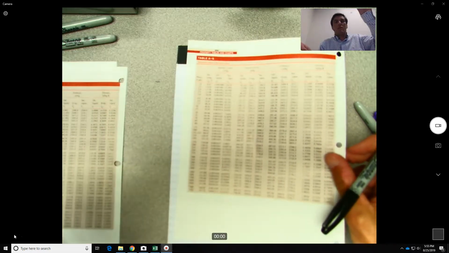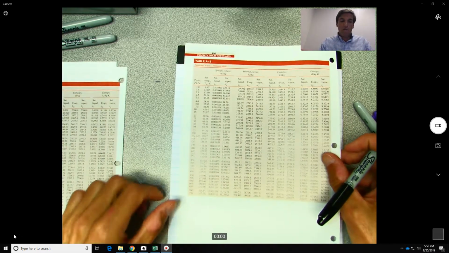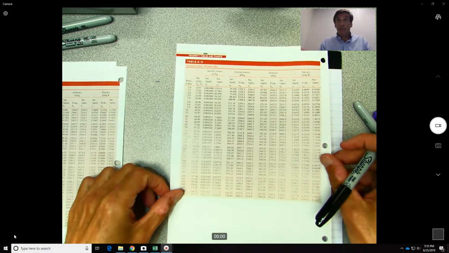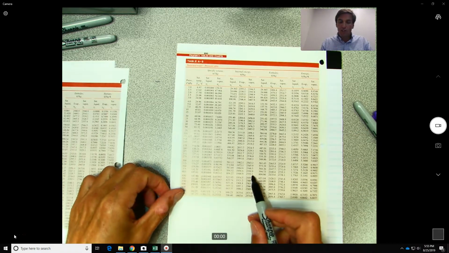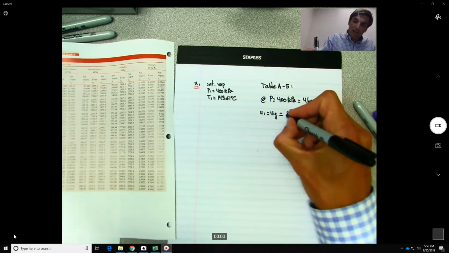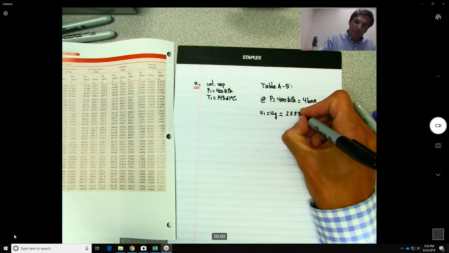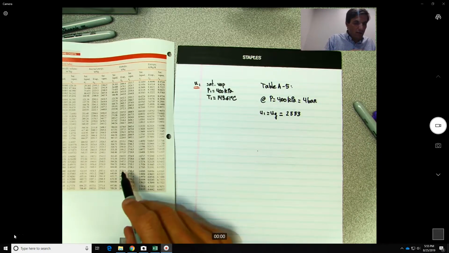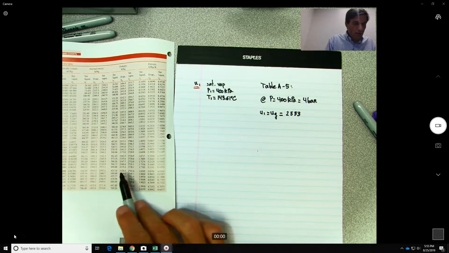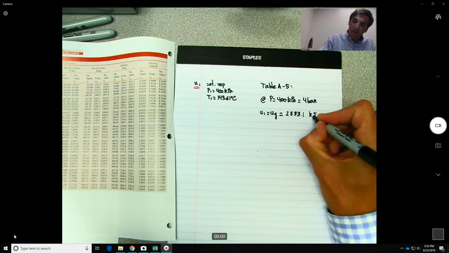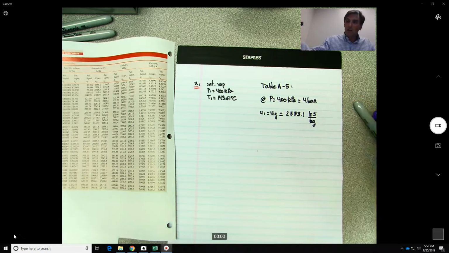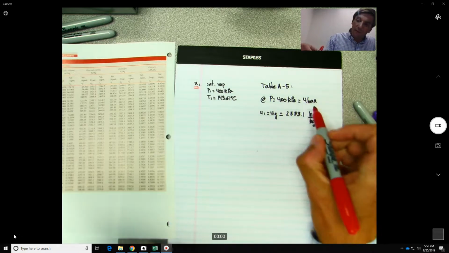No. Anyway, go to table A5 and you find out that at 400, UG is equal to 2,553.1 kilojoules per kilogram.